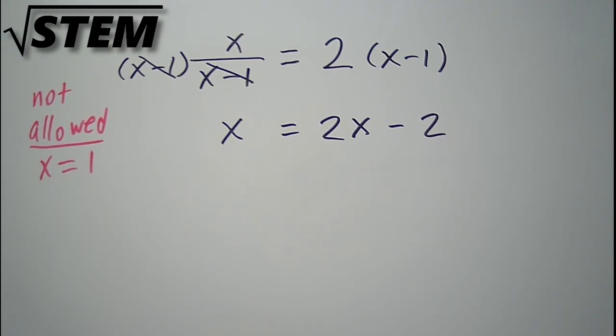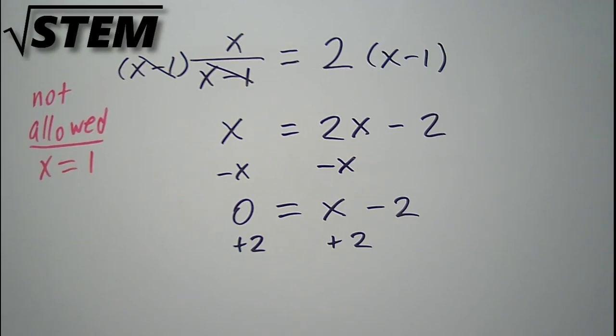Now to get all of our x's on the same side of the equation, we can subtract an x from both sides to get that 0 equals x minus 2. And finally, to get x by itself, we can add 2 to both sides to find that 2 equals x.